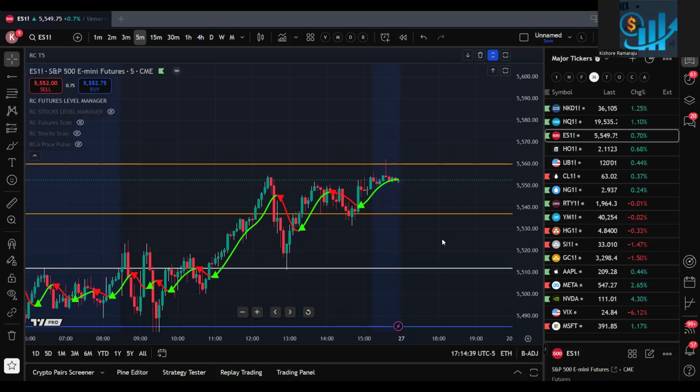Generally, we use the 5 minutes time frame. All the levels we use are for the 5 minutes time frame.